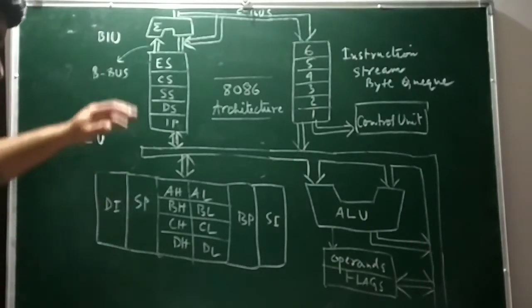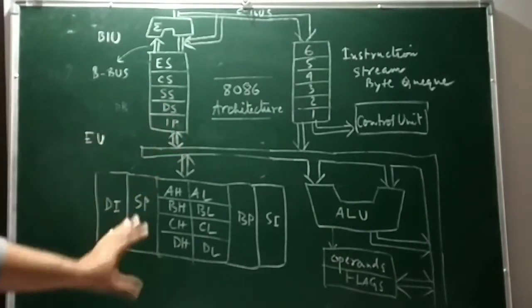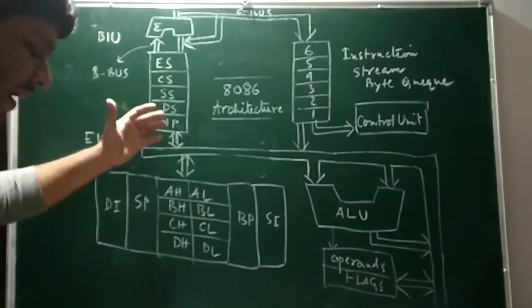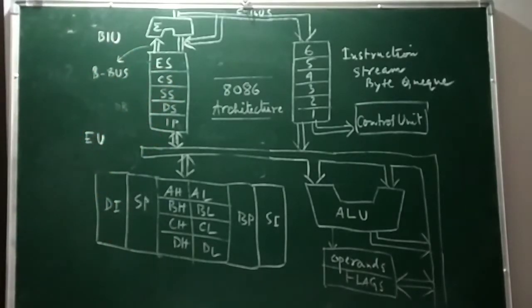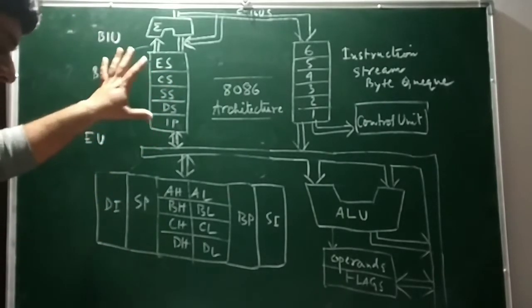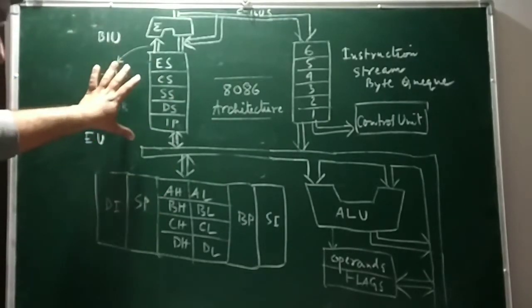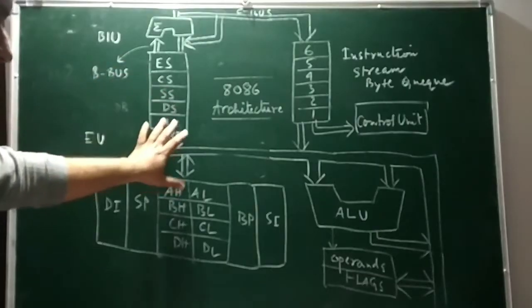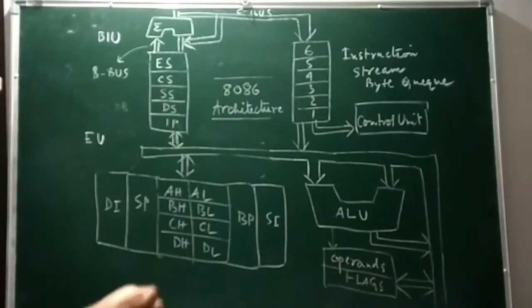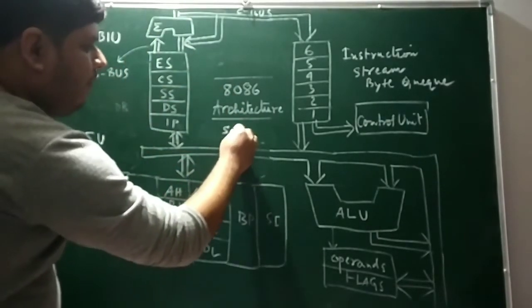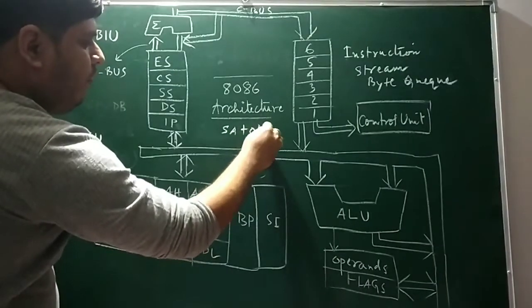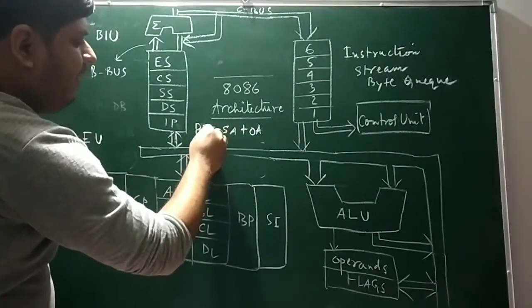Fine. So while addressing any location of the memory bank, the physical address is calculated first. So physical address we can write as segment address plus offset address.